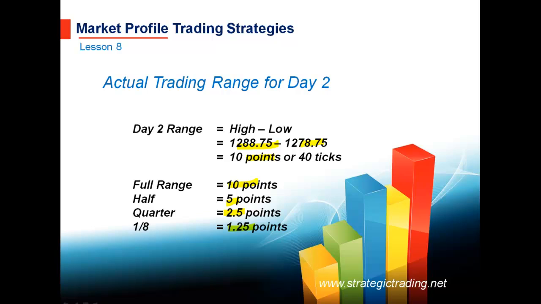The reason I want you to look at the different pieces of the range, this will come into play in our analysis in terms of determining the strength of a move, and then sometimes we will also see ranges that are built up. We're getting a 1/4 and 1/8 of a move, or just a half and an eighth. This helps us to sort of gauge the momentum and the power of the moves.